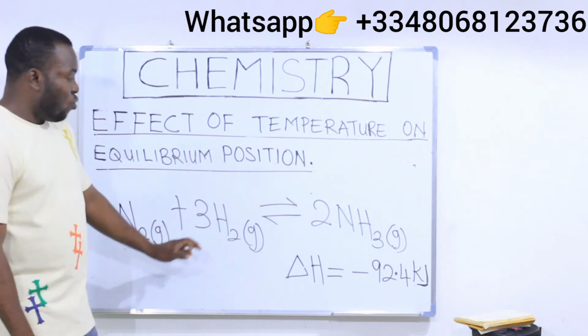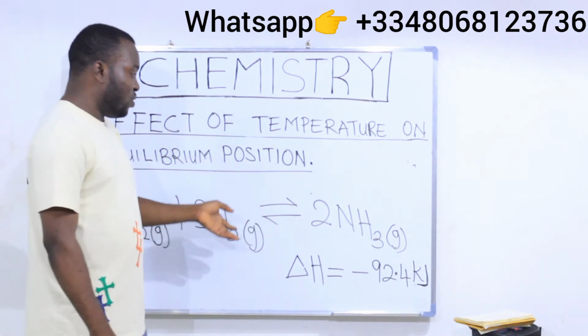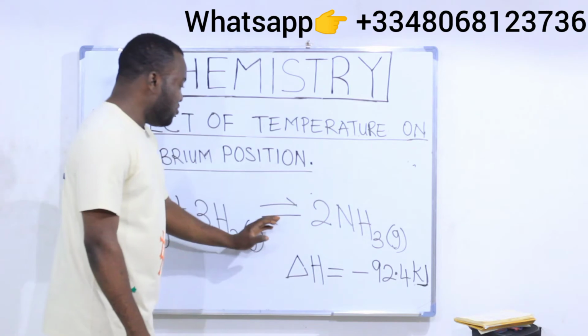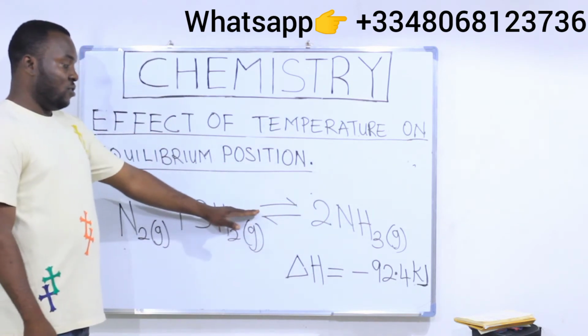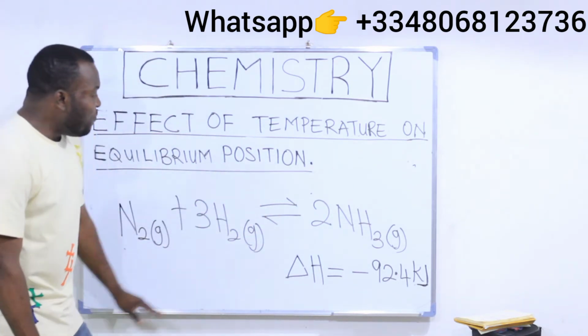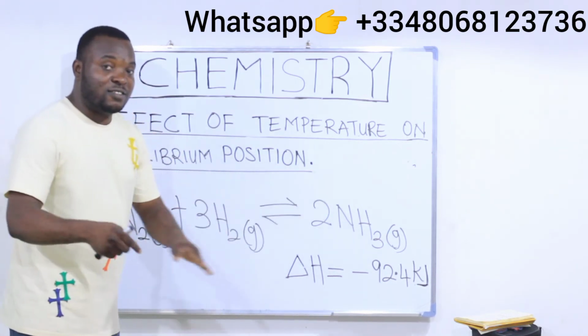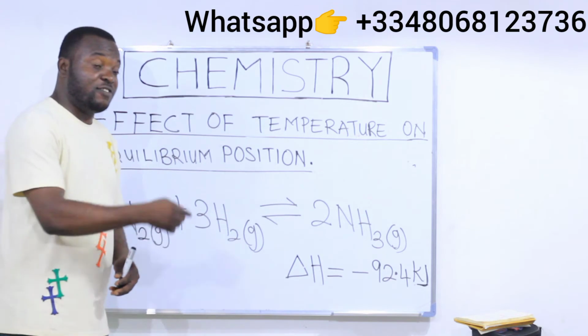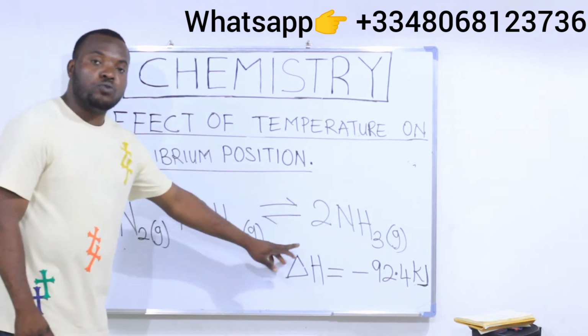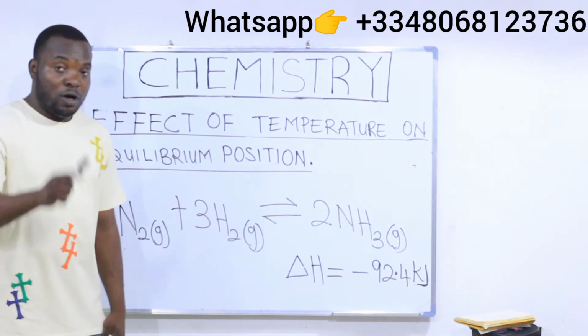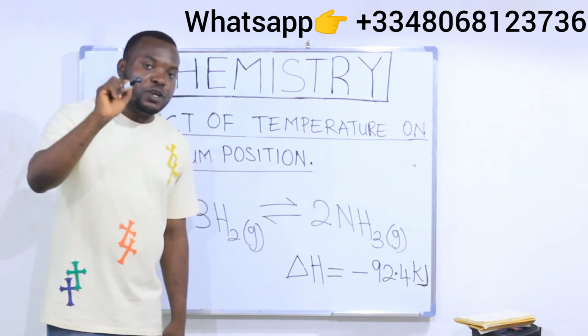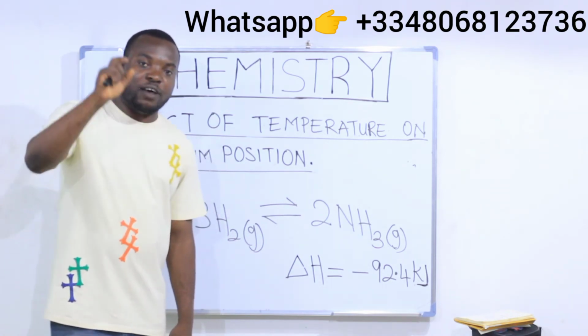We are being asked, what is the effect of increasing the temperature of this reaction? If the temperature of the reaction is increased, what will happen to the equilibrium position? That's the question. Remember, the effect of temperature depends on the value of enthalpy change.